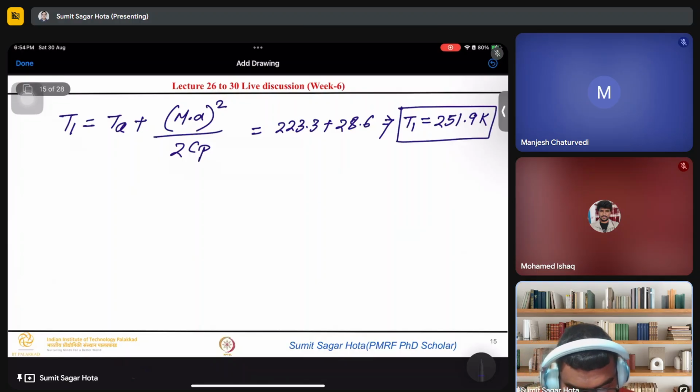Now let's find out P1 and P2. Then from those you'll find out T2. That means we need all the parameters of temperature, pressure, everything.